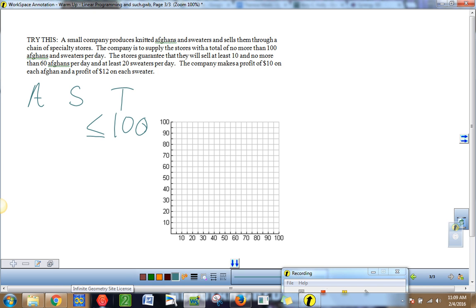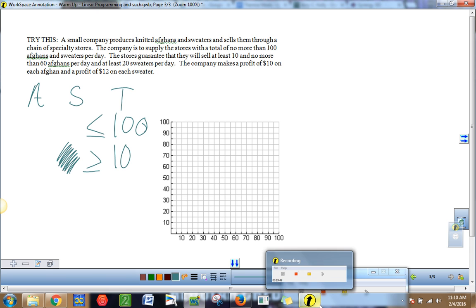All right. The store guarantees that they will sell at least 10 Afghans. So does that have anything to do with sweaters? No. That has nothing to do with sweaters, right? But how do you know what symbol goes here? Is 10 the biggest number or the smallest number? The smallest number, right? And you know not to include the other variable because it's talking about something completely separate.